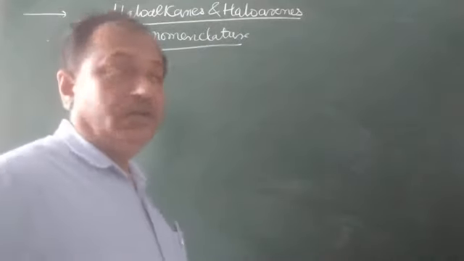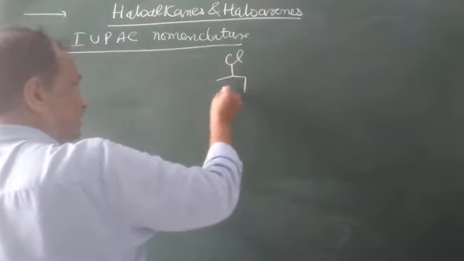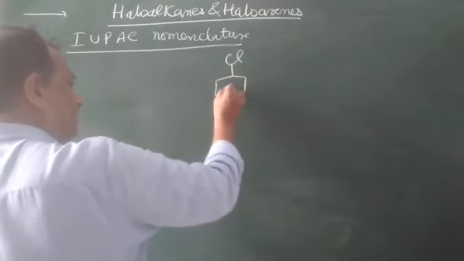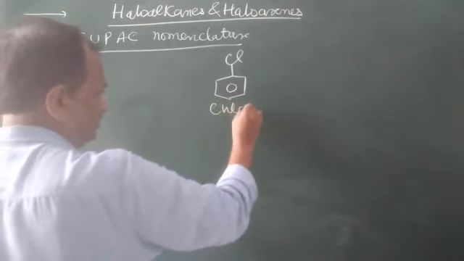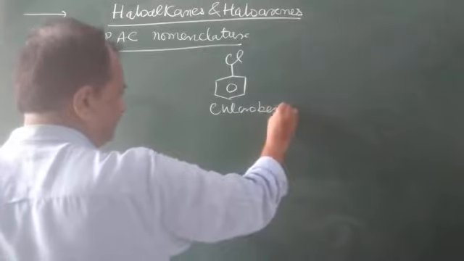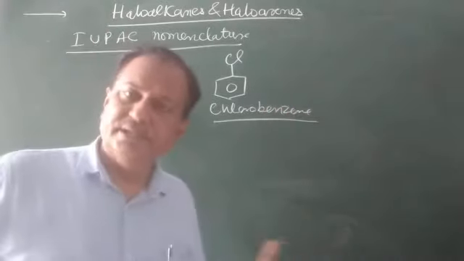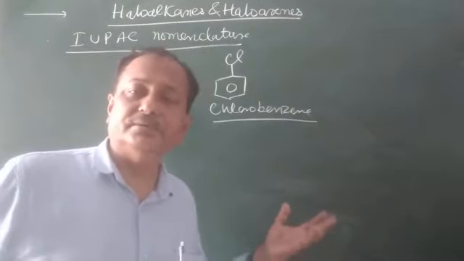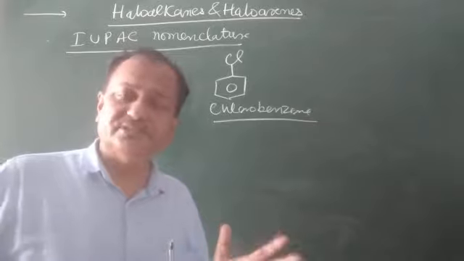Now we come to aromatics. In haloarenes, the names are the same in both systems: chlorobenzene, bromobenzene, iodobenzene in both the common and IUPAC systems.